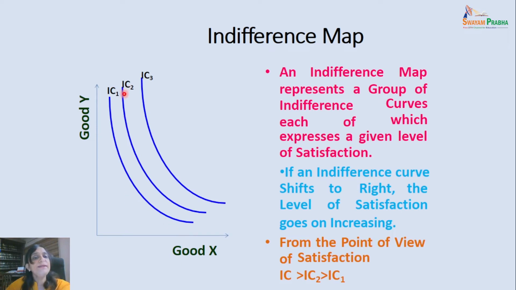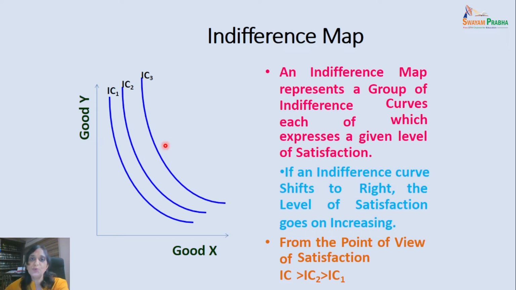Whereas the points lying on IC2, which is a higher indifference curve compared to IC1, will give him a similar level of satisfaction among themselves, and similarly IC3. A group of all the indifference curves, when put together on the same graph, we call an indifference map.